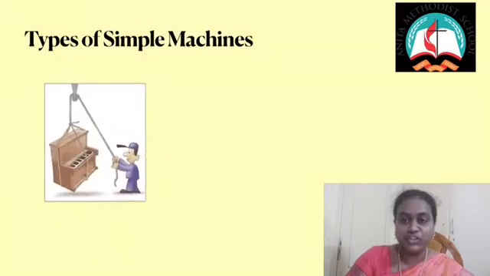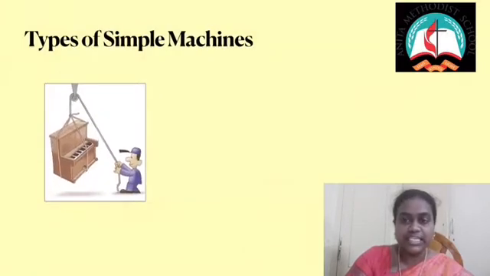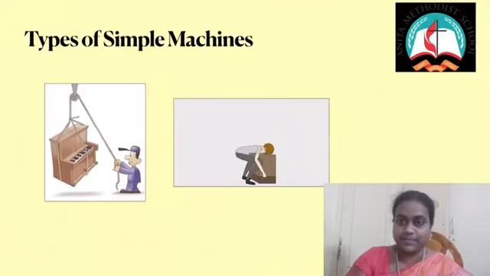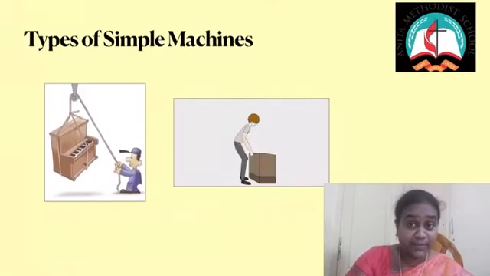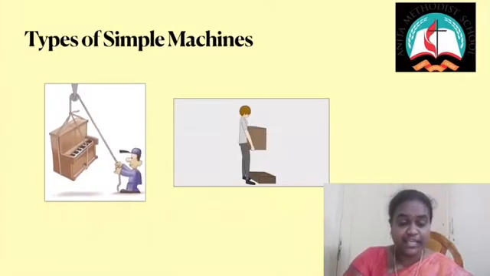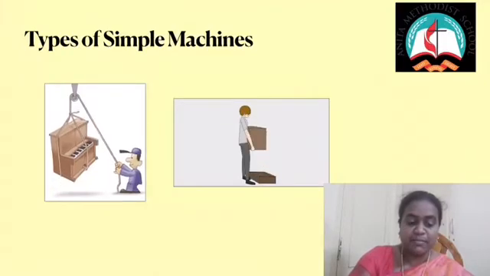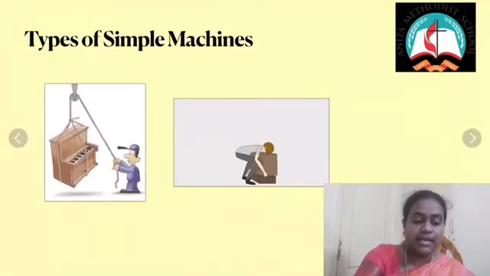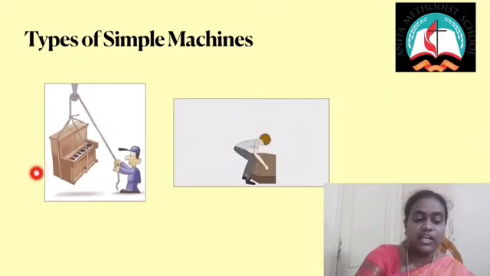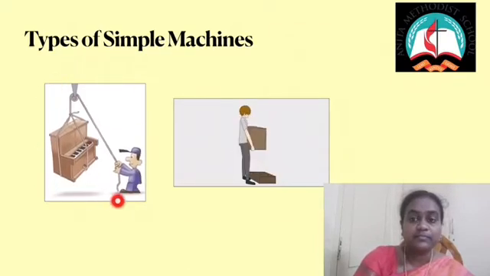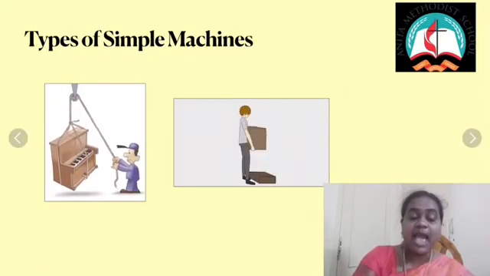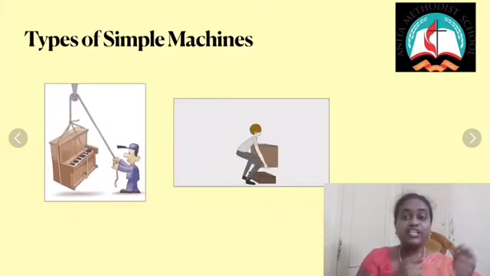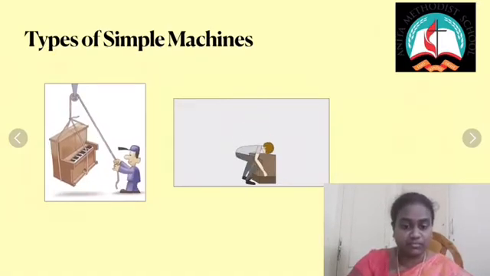I want you to observe these two pictures. What are they doing? In the first picture, a man is using a wheel and a rope and trying to pull the piano.